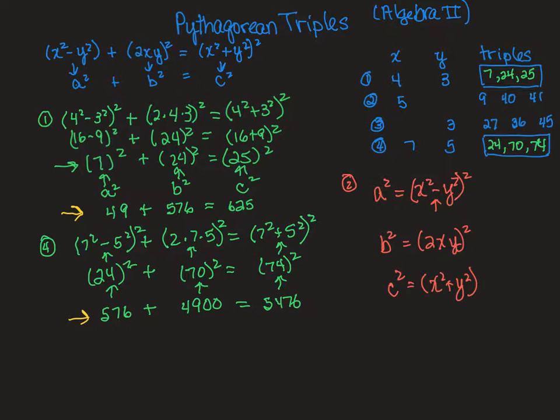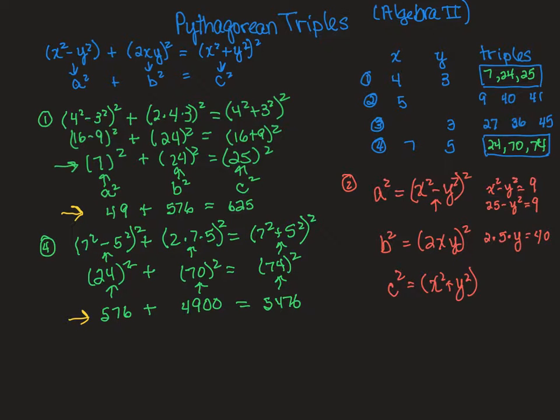The hint they give me is that A is 9. So X squared minus Y squared equals 9, and they give me the X, so 25 minus Y squared equals 9. I don't know what Y is, but I know that's true. B is 40, so 2 times X, which is 5, times Y equals 40.